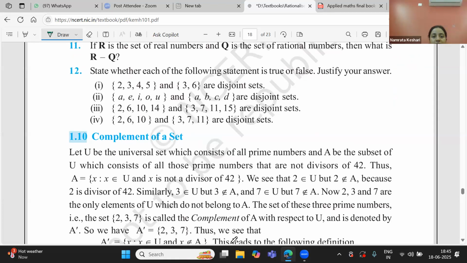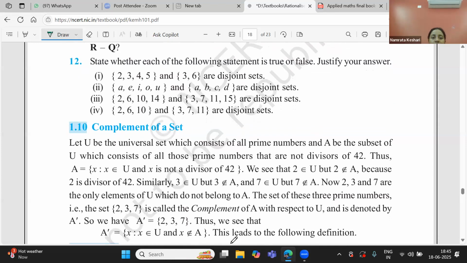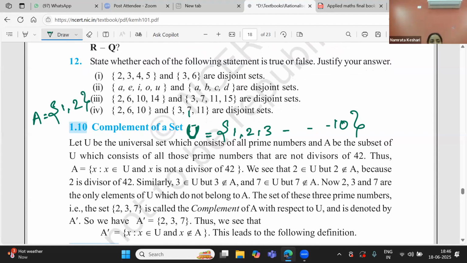Now, the complement of a set from a universal set. Suppose there is a universal set. Okay, the universal set contains 1 2 3 till 10. And there is a set A containing the elements 1 and 2.